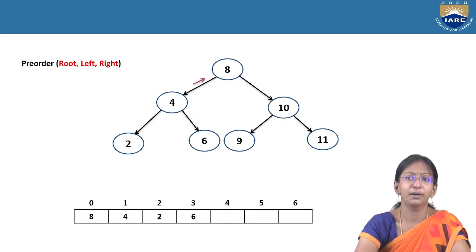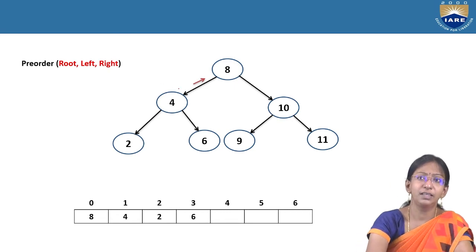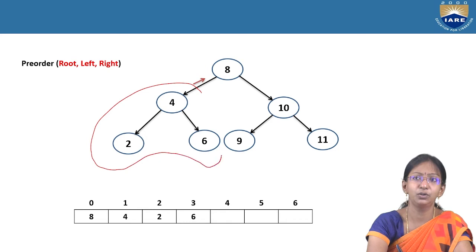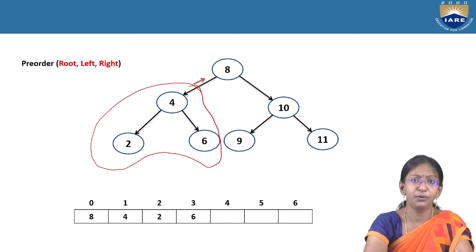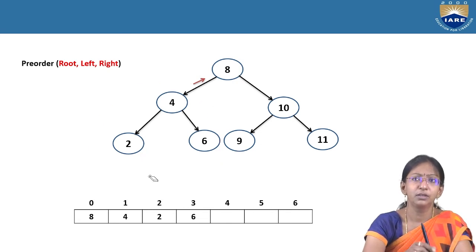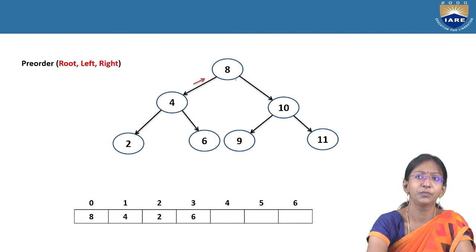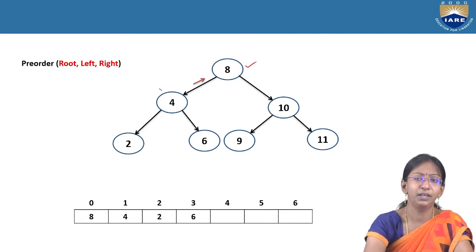So let's go back. Now you can see that we have covered all the elements that are present in the left subtree of the given tree. As it is a preorder, root is done, left subtree is done.